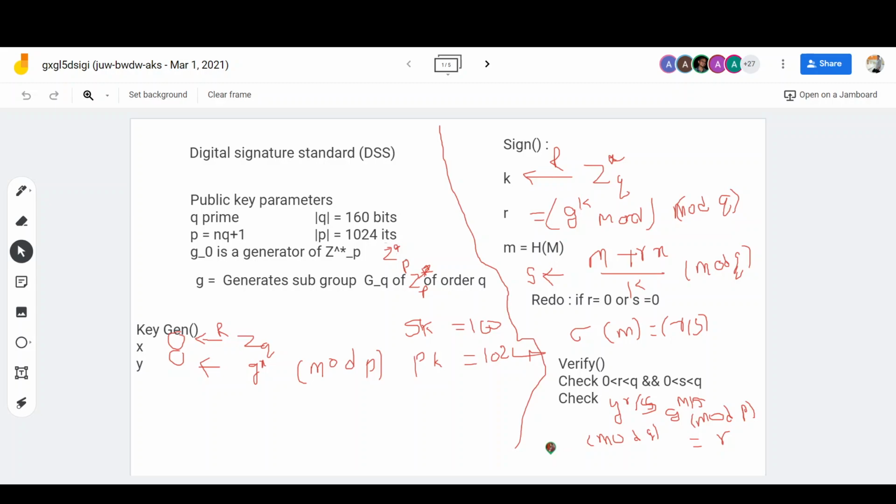That means the hash value is going to be the same. Then the same way you check the correctness of this algorithm.